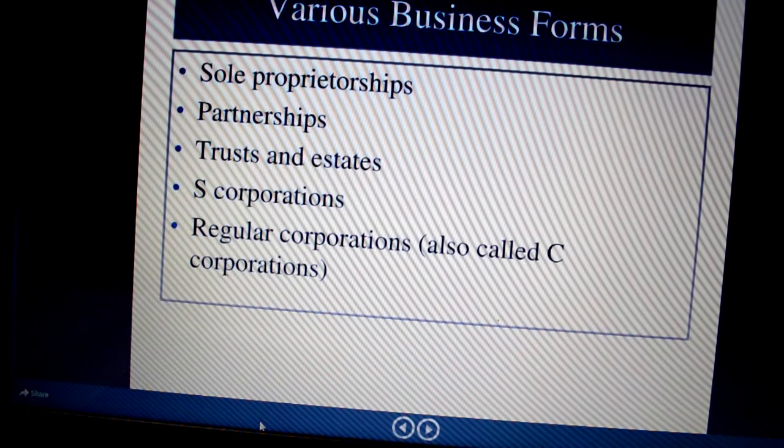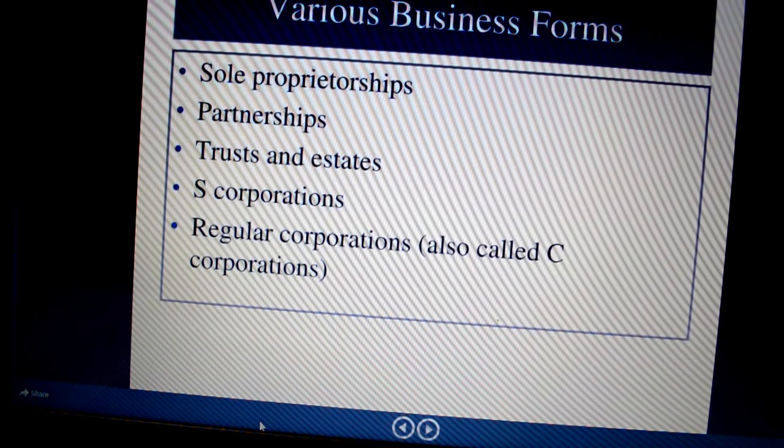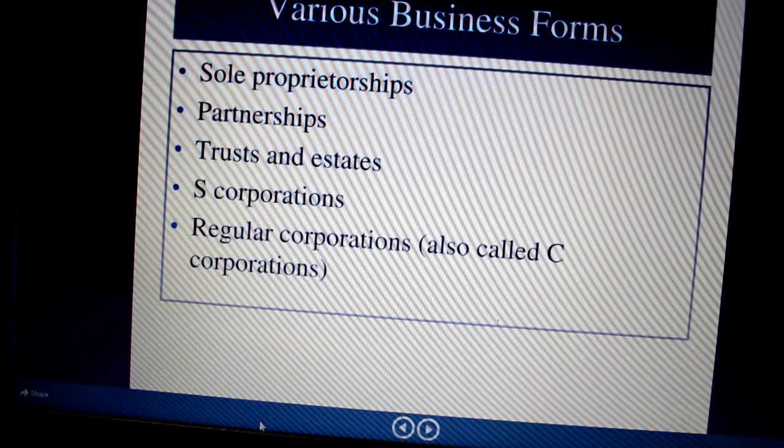Losses of the C corporation are treated differently from the losses of a proprietorship, partnership, and S corporation. A loss incurred by the proprietorship may be deductible by the owner because all income and expense items are reported by the proprietor.